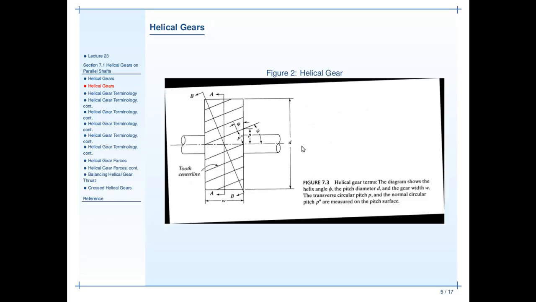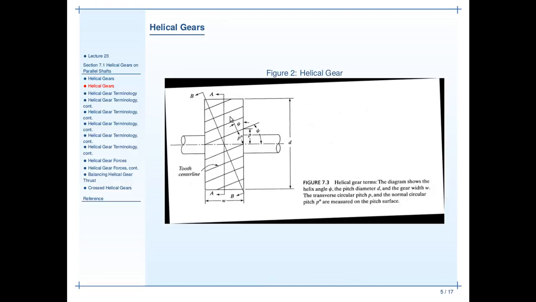So the first thing to know about helical gears is that they come in two hands, right-handed helical gears and left-handed helical gears. You can tell a right-handed helical gear from a left-handed helical gear by looking at it in this orientation. So we're looking at it edge on, and you can see in this case that the lines representing the teeth run down towards the left.